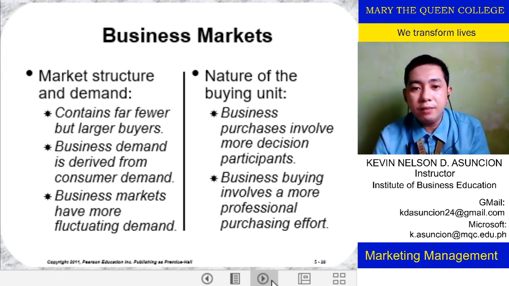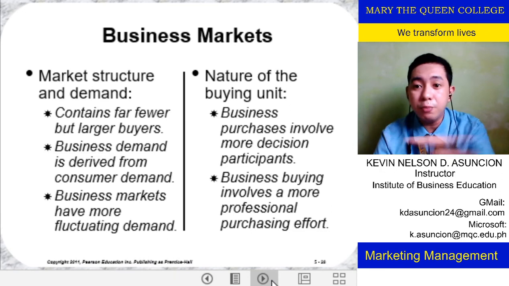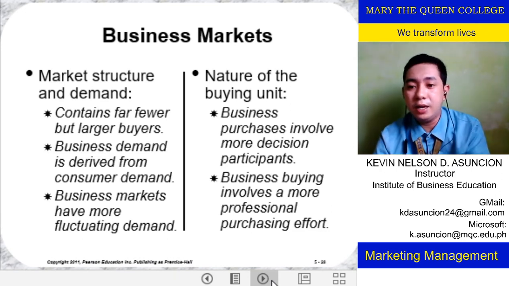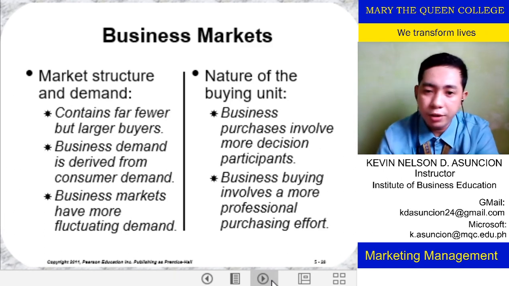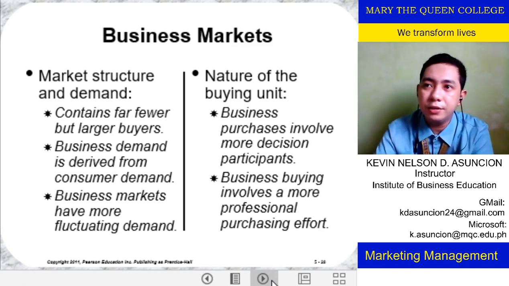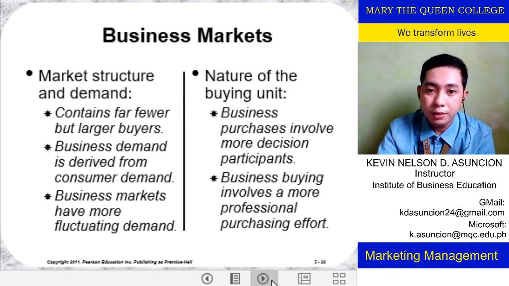The nature of buying unit is business purchases involve more decision participants, hindi lang na isang tao kundi grupo ng tao, no? It's decided by the group of people, of course, just like the board of directors or the president or the marketing team or the technical team of this organization, no? So medyo mahirap, no, matagal bago mo makuha, no?